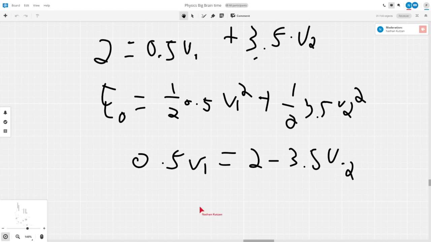So the final velocity of the first one is equal to 2 divided by 0.5, which is 4, minus 3.5 over 0.5, which is just 7, times v2.